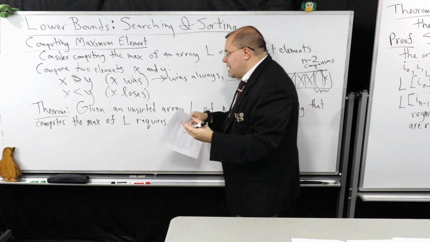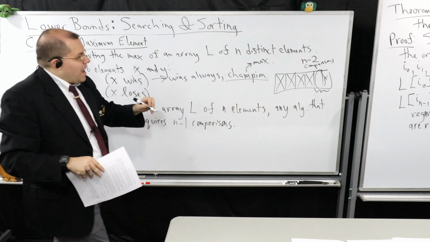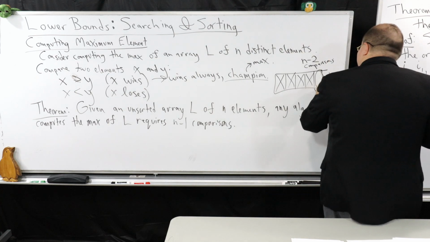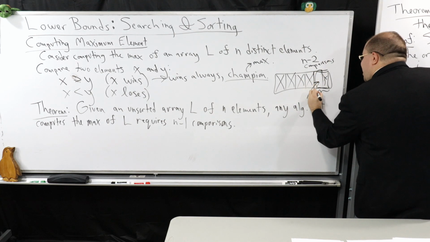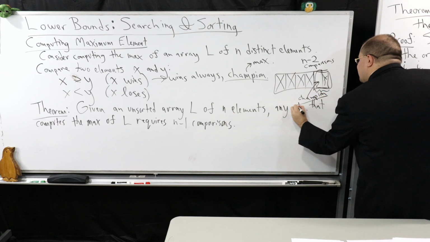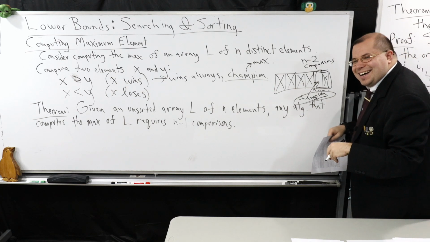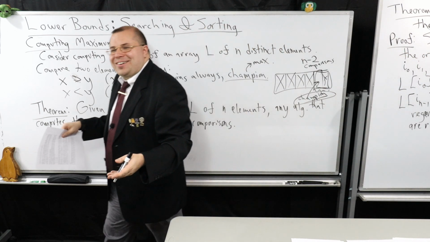The adversary just says, hey, you didn't check this right here. I'm going to insert the champion right here. And boom, your algorithm's wrong. That's all the adversary has to do.